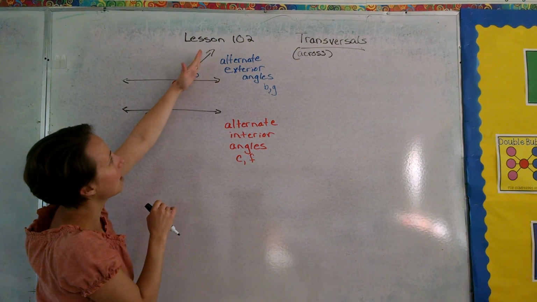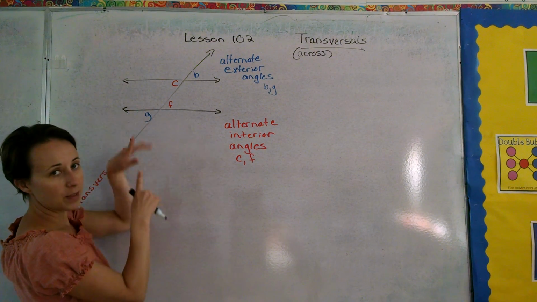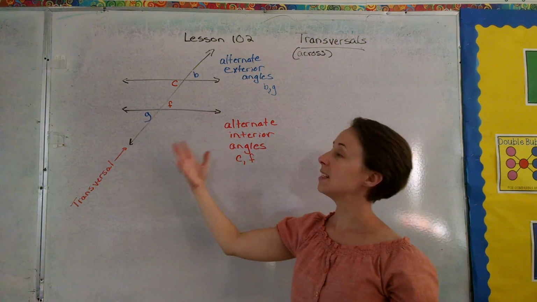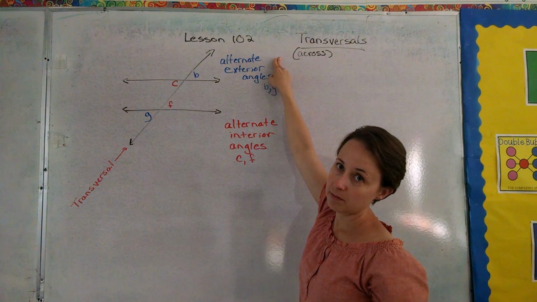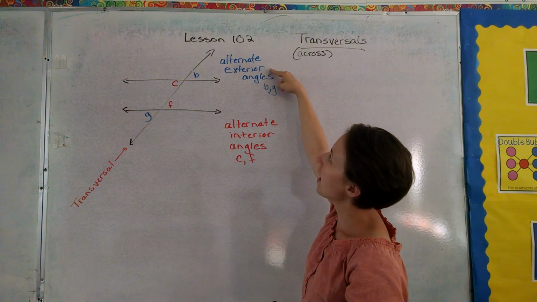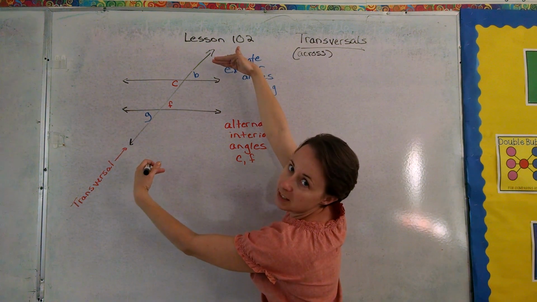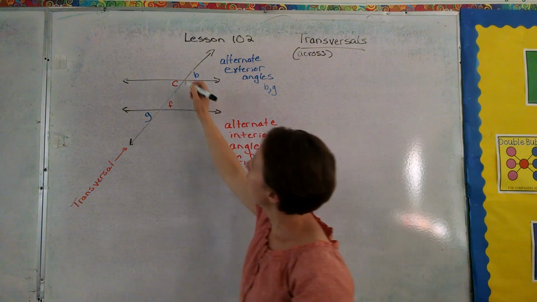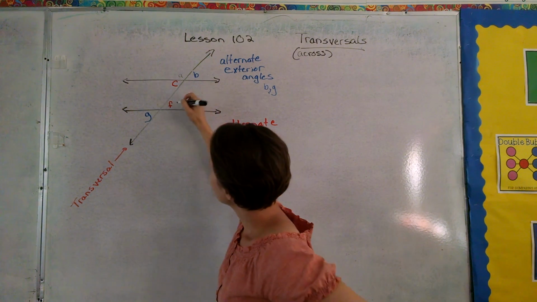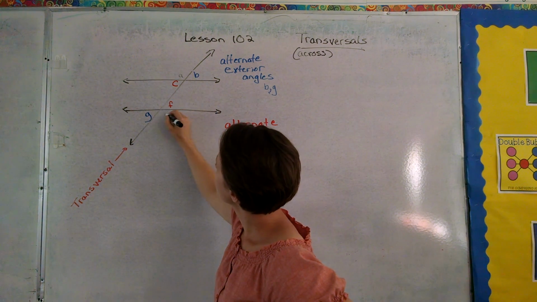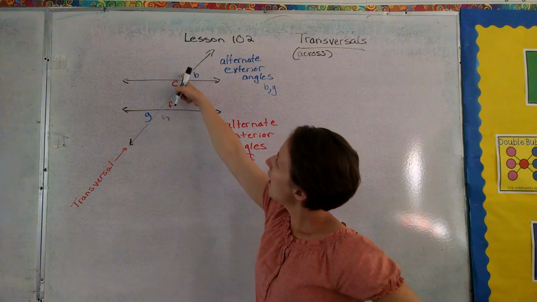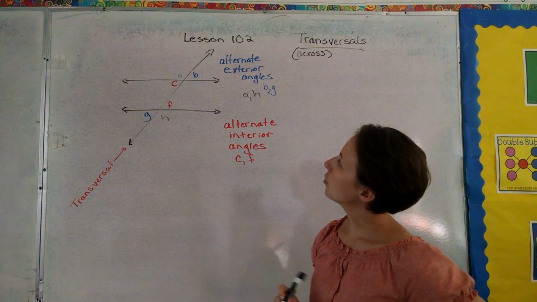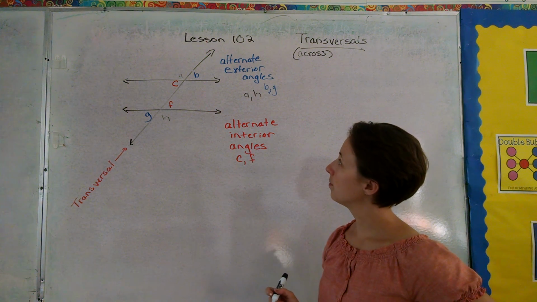B is on one side of the transversal, G is on the other. That's why they're called alternate. So B and G would be an example of alternate exterior angles. If we had labeled this one as A, and this one as H, A and H would also be considered alternate exterior angles.